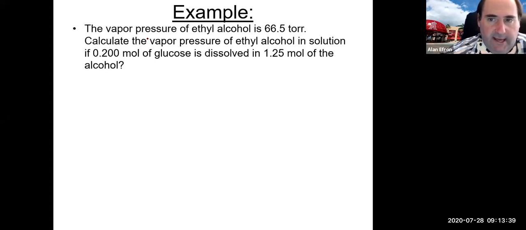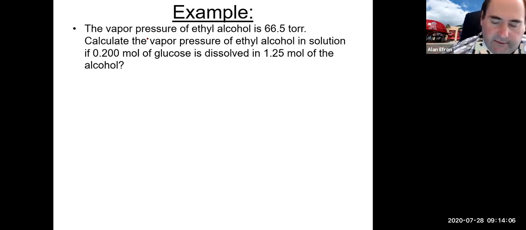So take a look at how one of these is affected. Here we have the vapor pressure of ethyl alcohol, which is 66.5 torr. Calculate the vapor pressure of ethyl alcohol in a solution of 0.2 moles of glucose dissolved in 1.25 moles of the alcohol.